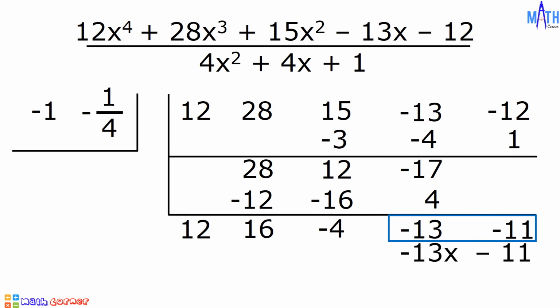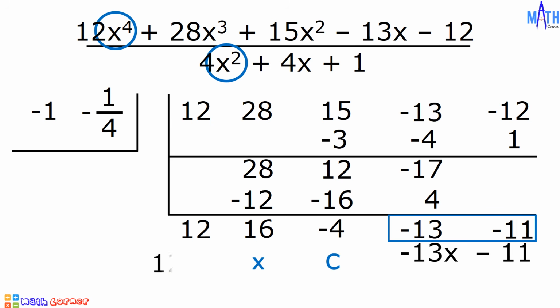For the quotient, if we divide x raised to 4 by x squared, the answer is x squared. Therefore, 12 is the coefficient of x squared, 16 is the coefficient of x, and negative 4 is the constant term.